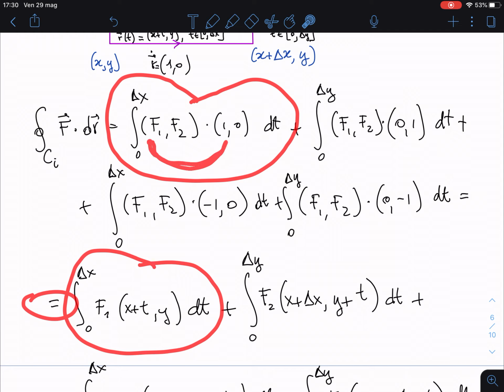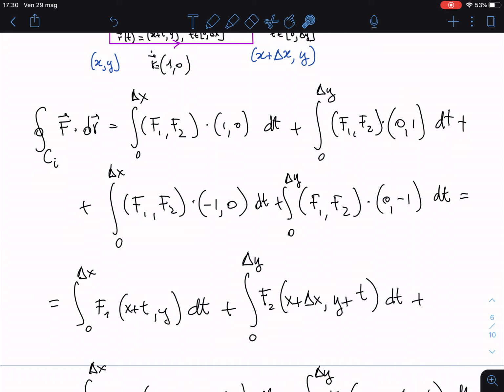So the only surviving component is f1. So here we have just f1. And the argument of f1 is given by the parameterization. The x-coordinate is x plus t, and then we have y, and we integrate in dt. Okay? This is what we do for all terms in the expression that we wrote down.